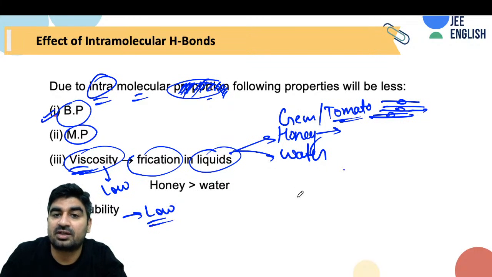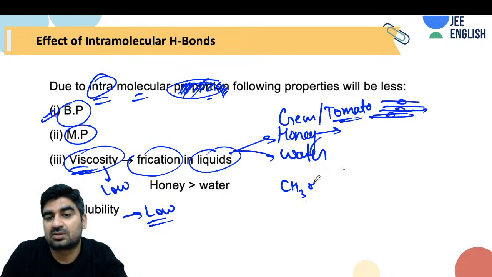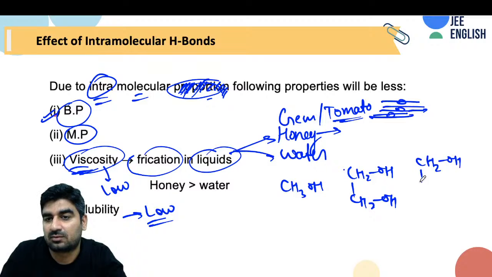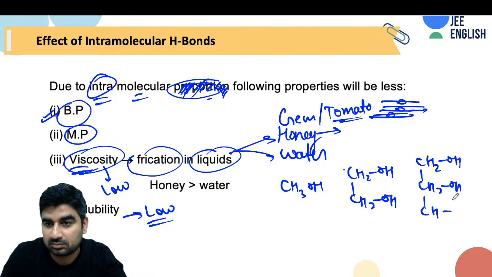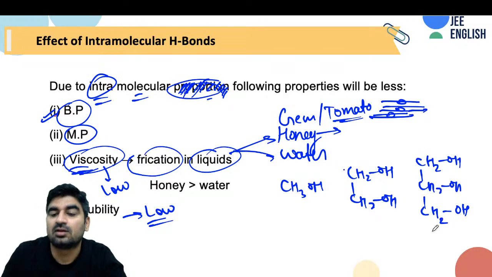So why is viscosity low? Suppose I'm taking CH3OH, and suppose I'm taking CH2OH here. Got it?